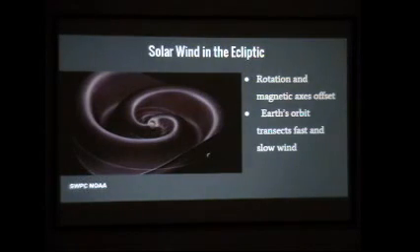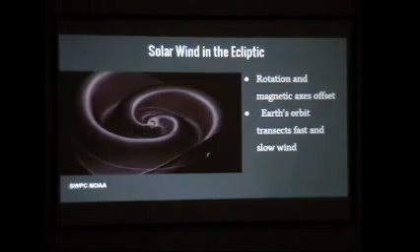From the perspective of Earth, as this flows out and spins, it creates this ballerina skirt-esque shape. This purple surface is a depiction of the heliospheric current sheet, which separates inward magnetic field and outward magnetic field.